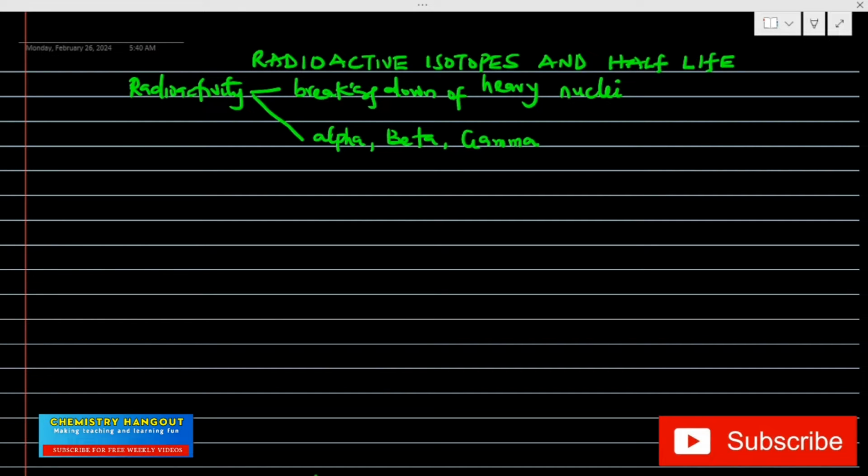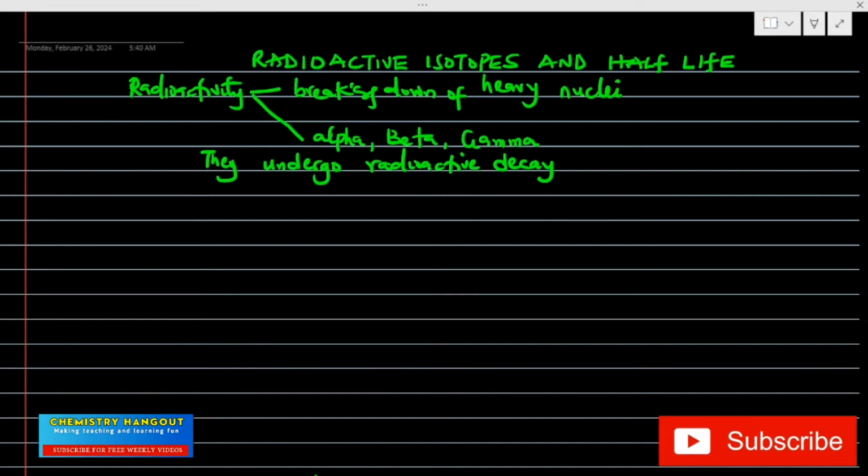So for the fact that these nuclei break down and they emit radiation, then we said they undergo radioactive decay. We have learned the introduction to radioactivity, and we have talked about the radioisotopes.